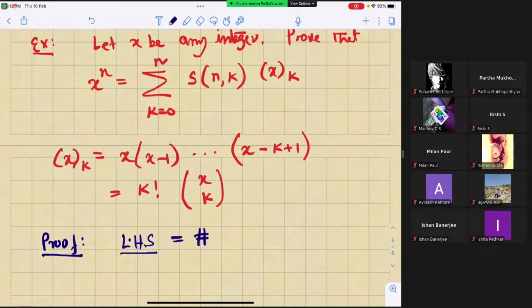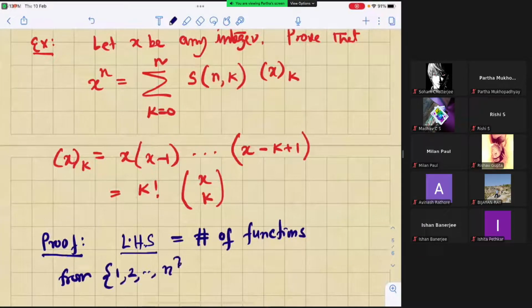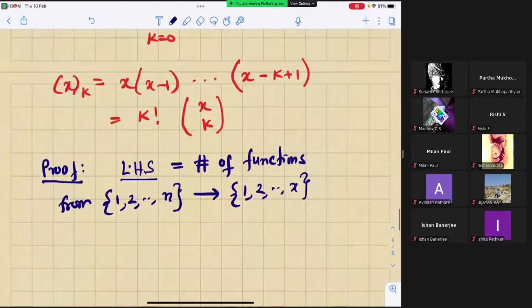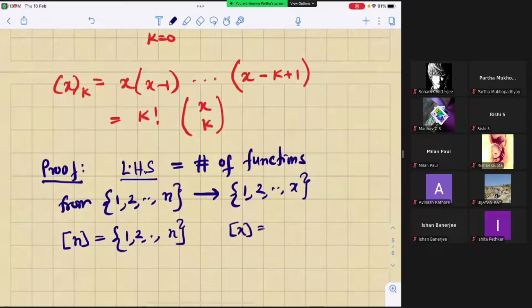I just write it in a slightly more mathematical language: the number of functions, that's what you said, from 1 to n to 1 to x. By the way, from your algebra classes, this notation is generally used to denote 1 to n. Similarly, this box notation is a set.